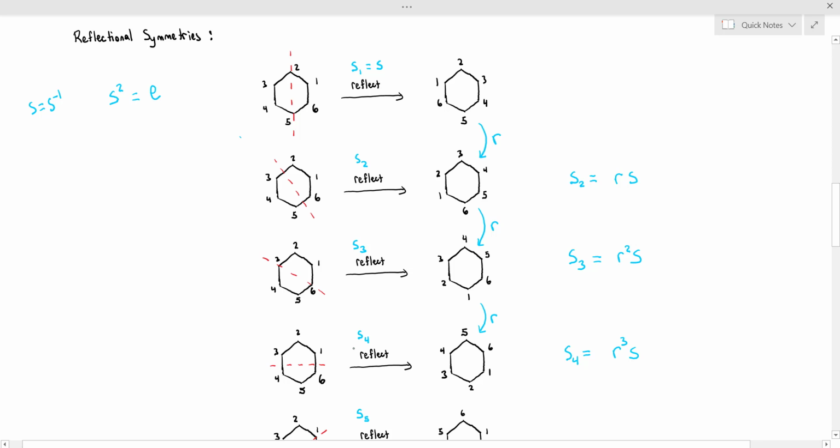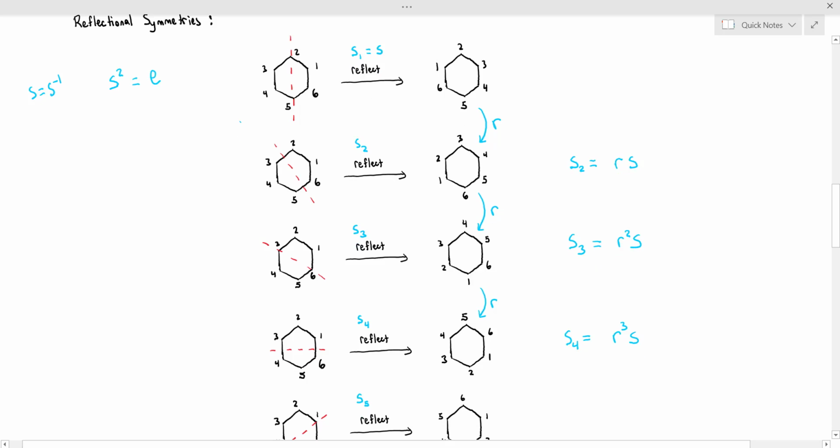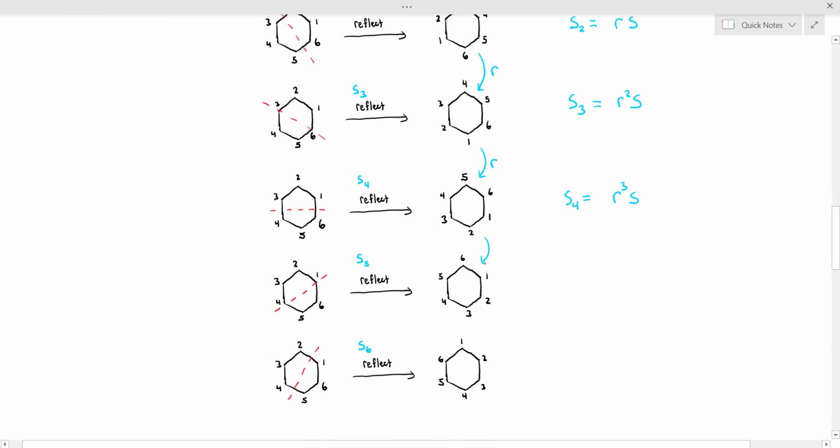So S4 is equal to R cubed times S. You can look at the rest of the pictures and you'll see that the same idea will persist.